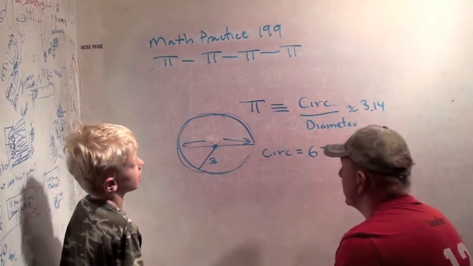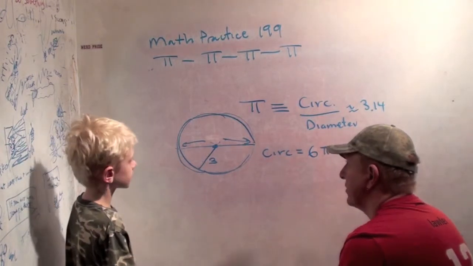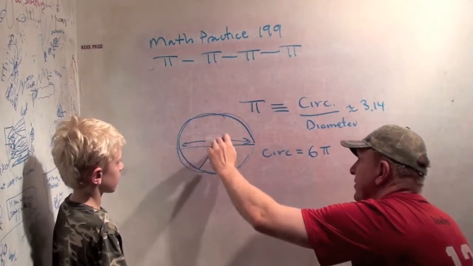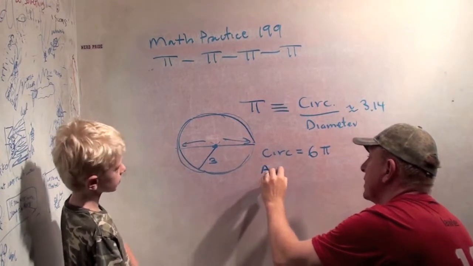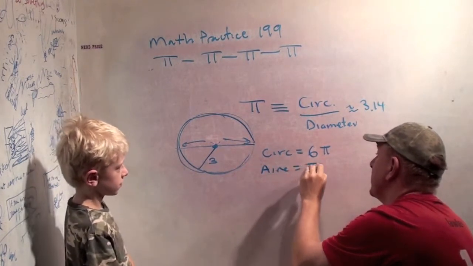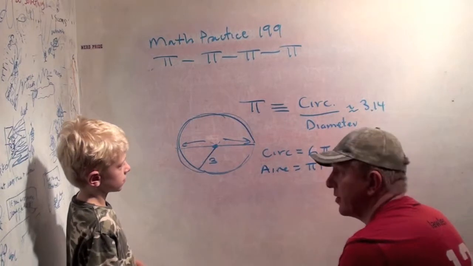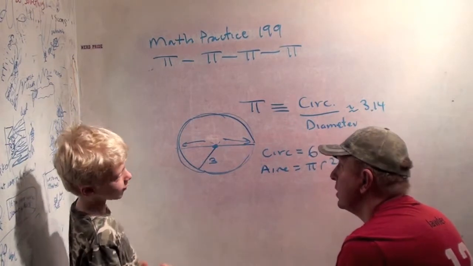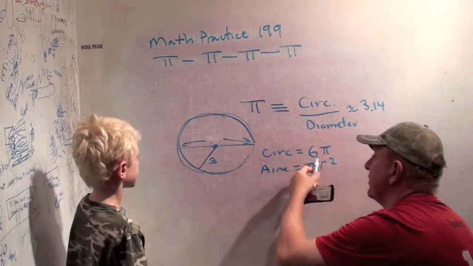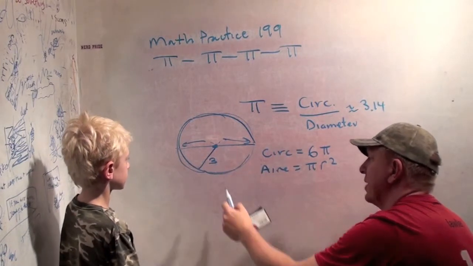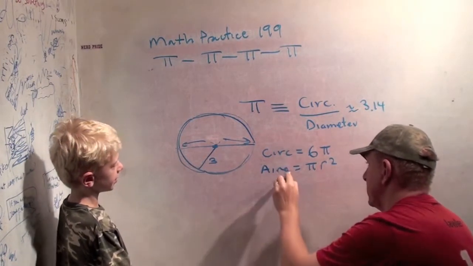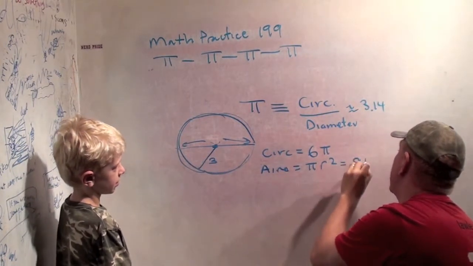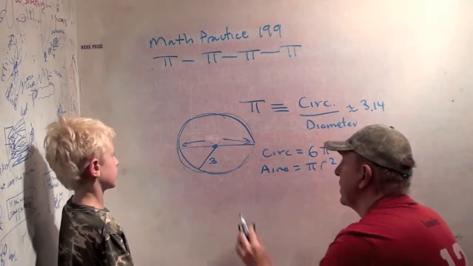There's another important formula for a circle, which is the area of the circle. And the area is pi times the radius squared. So in this case, the radius is 3. What is 3 squared? 3 squared is 9. So the area would be 9 pi. Cool. Let's do one more.